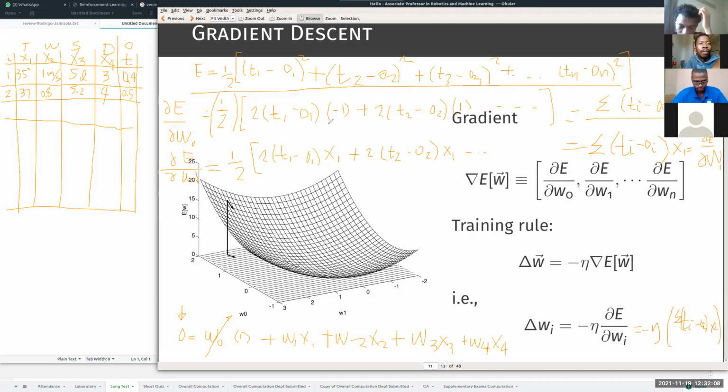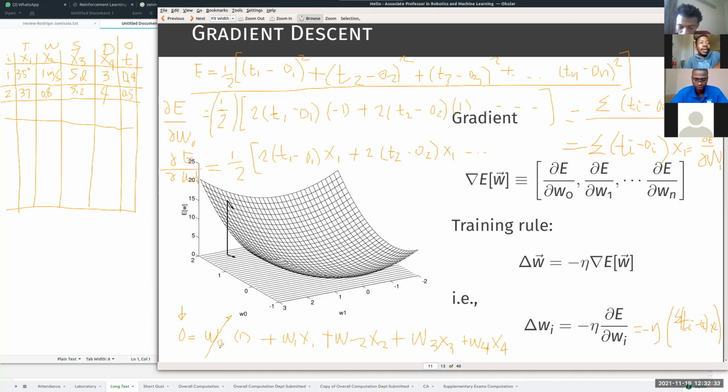I understand it's a little confusing because of the way they assign the names. The T is what is given by the table. The O is computed by this equation as a linear summation of the weights times the inputs.